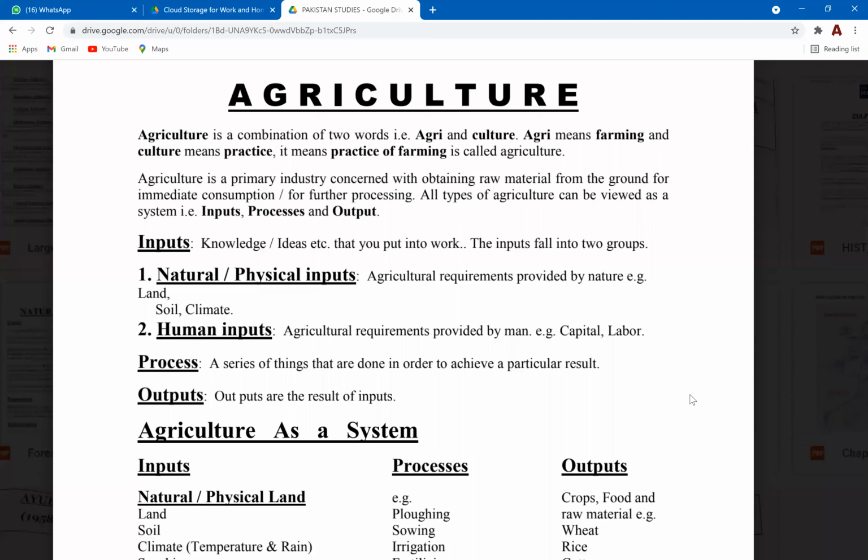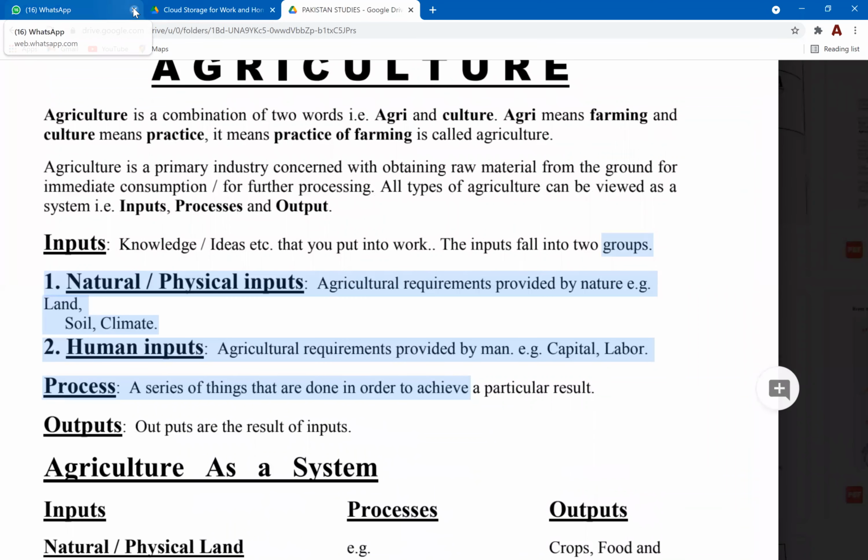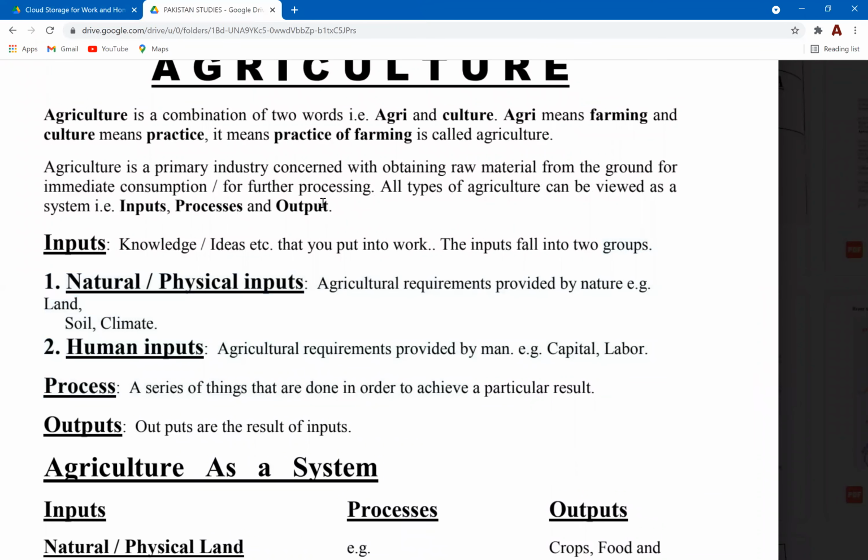I hope you guys can see the screen now, the notes for agriculture.